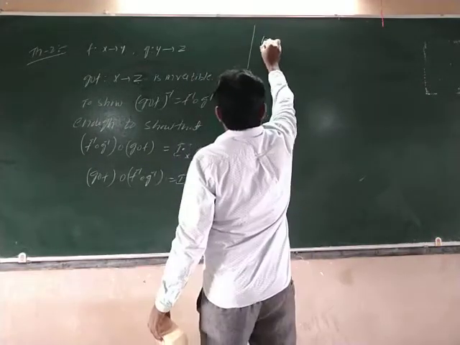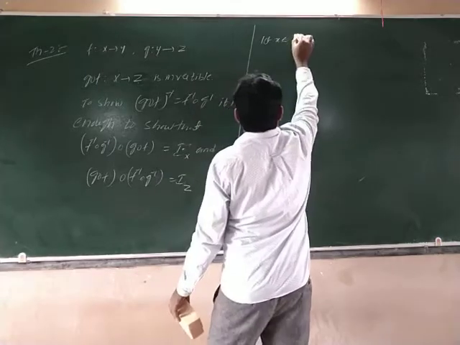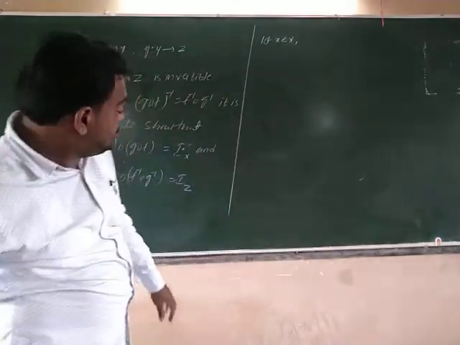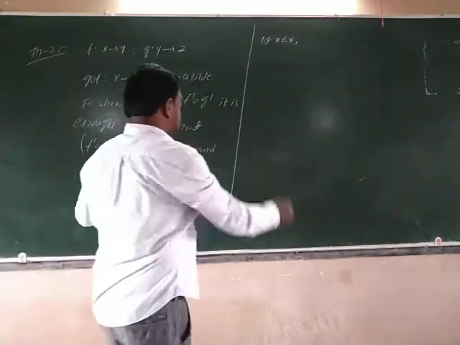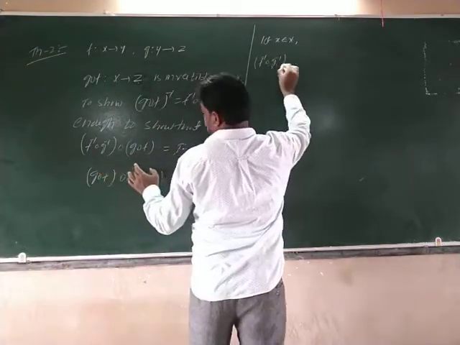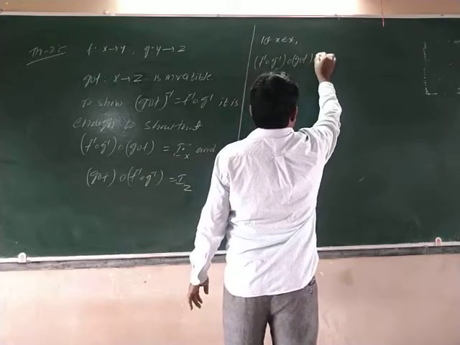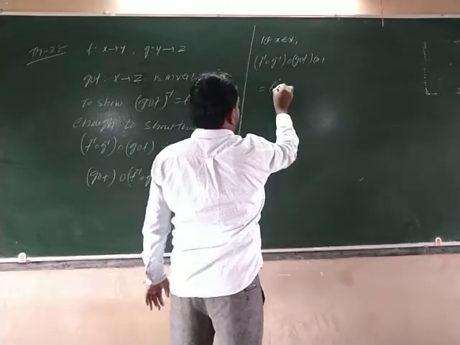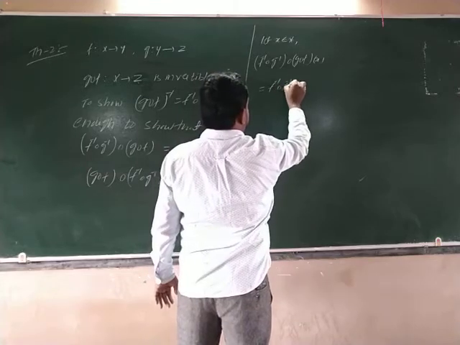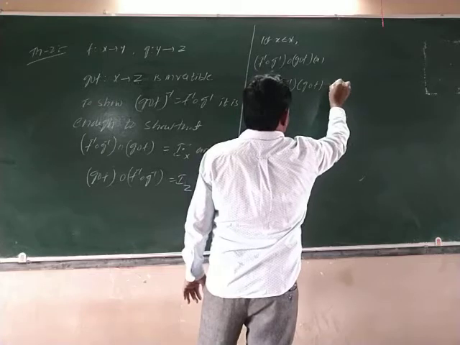Let x belong to capital X. First you take this one: F inverse circle G inverse circle G circle F of x. This is equal to F inverse circle G inverse of G circle F of x.